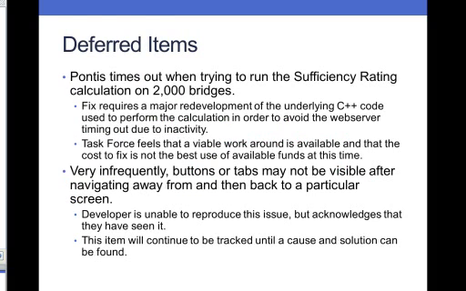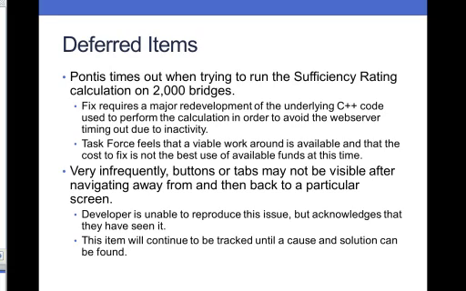Now, there were 2 issues that were identified from the original list that were deferred by the task force. Just because they're deferred does not mean they're not going to be addressed. The very first one was that the sufficiency rating calculation does take a significant amount of time when you apply it to a large population of bridges.